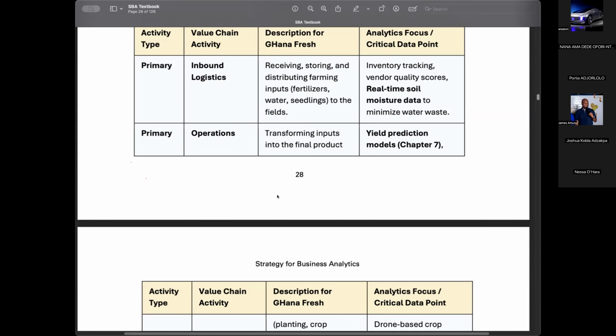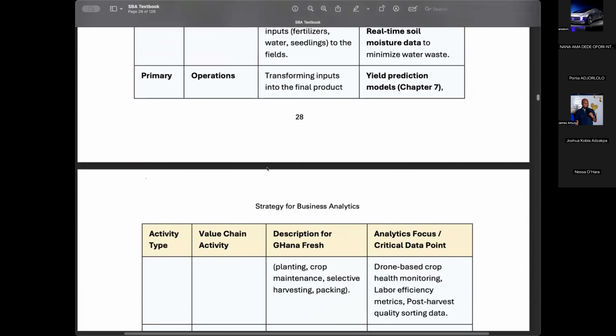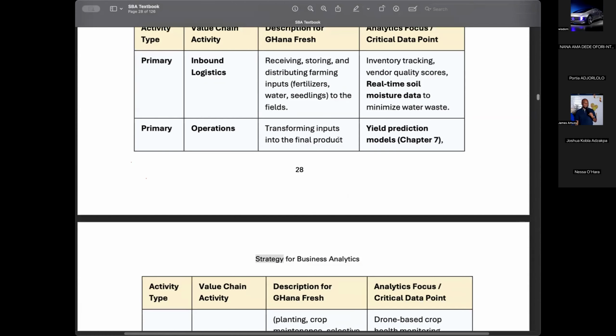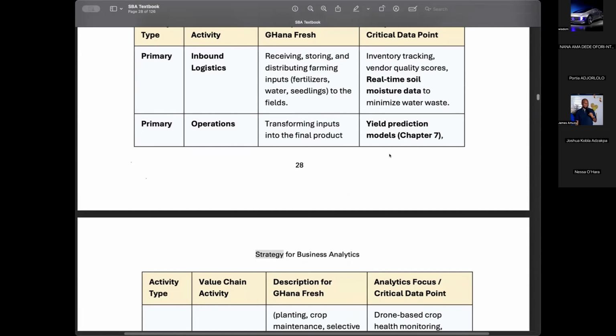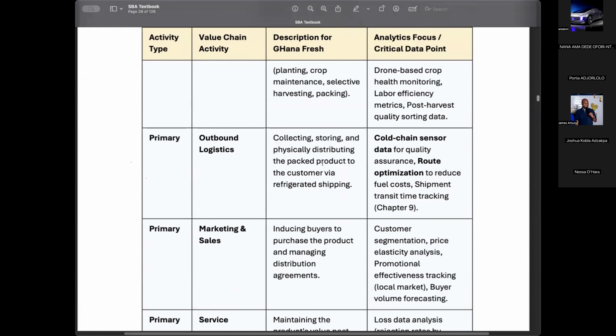And I say this is what you do for inbound logistics, then operations, transforming inputs into final products, which includes planting, crop maintenance, selective harvesting. So in here, I will look at yield prediction models, which can help me predict my potential yield.